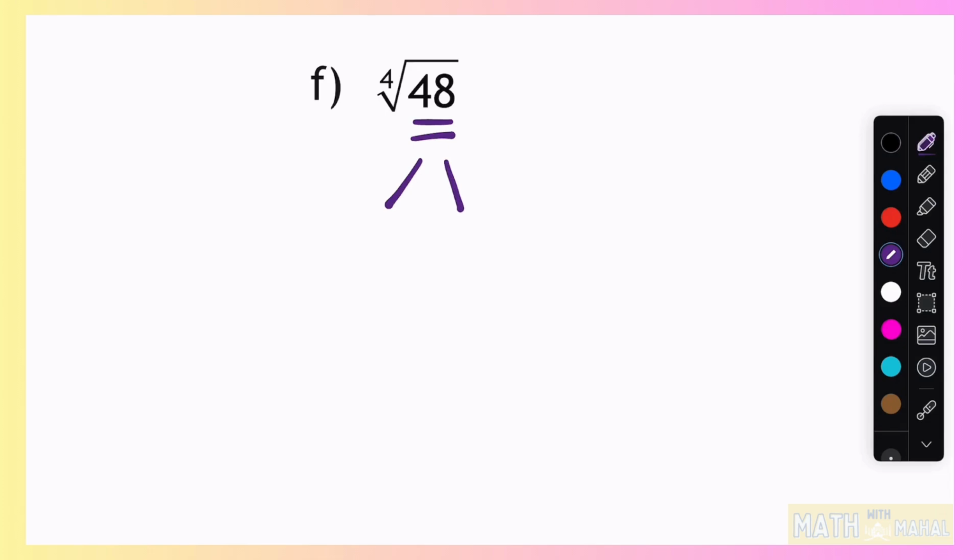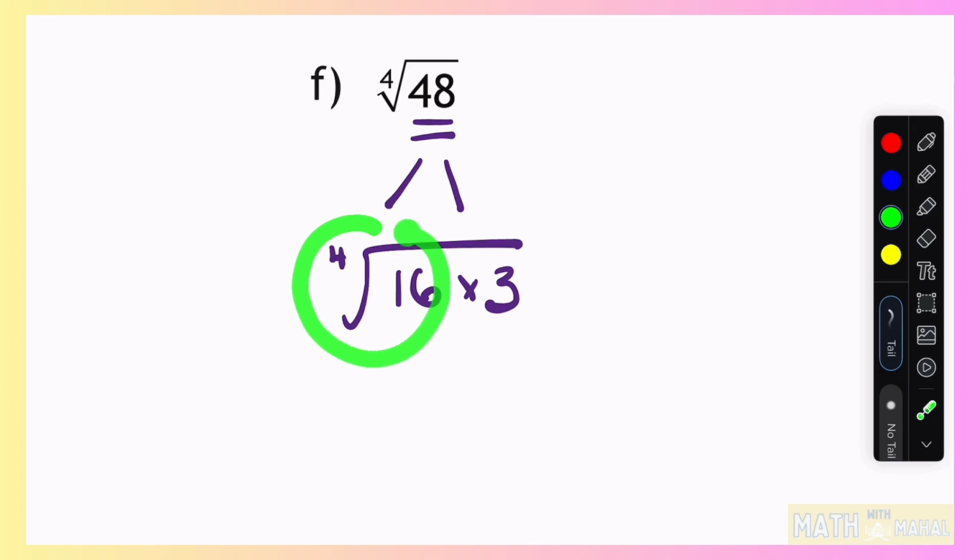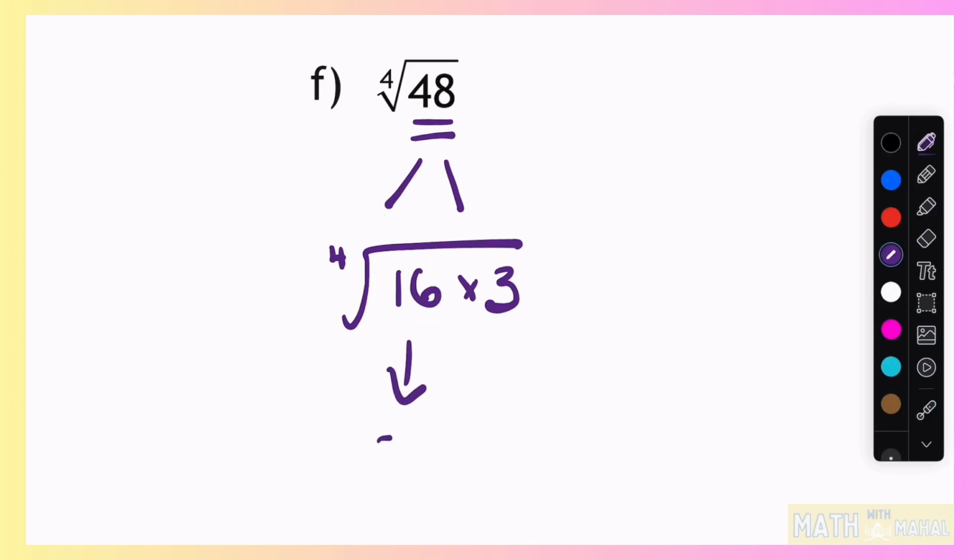So if we're looking at something like this, one of the things I do know is 16 times 3 will equal 48. Well, we know the fourth root of 16 does get evaluated into a whole number. That gets evaluated to 2. And then our fourth root of 3, well, that's just going to stay on its own. So our answer becomes this right here.